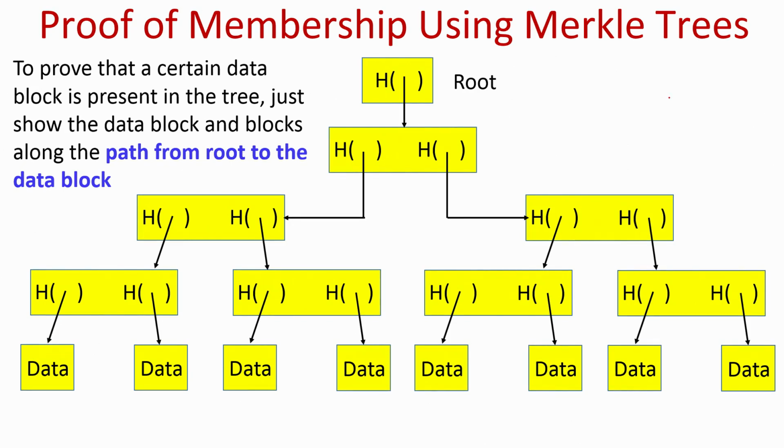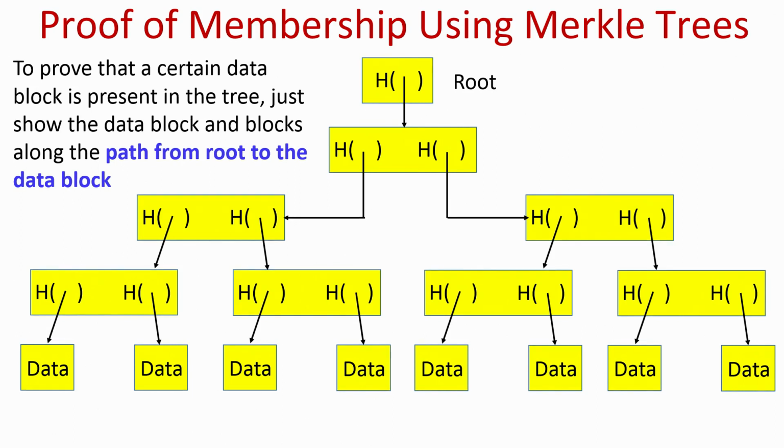Magically, it turns out that only by giving you k number of data blocks, one data block and k number of intermediate blocks, it suffices for me to recompute the root here. So, basically that acts as a proof for the person who is giving me back the ith block.